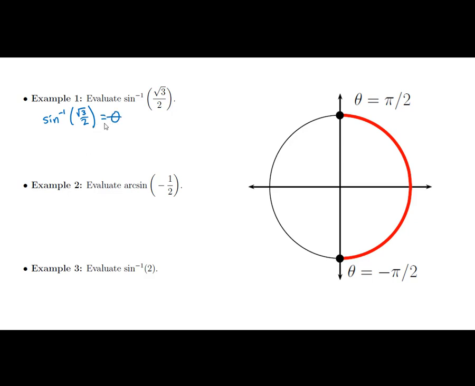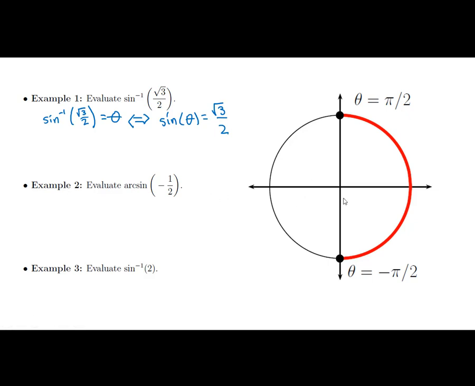So it wants to know what angle has a y value on the unit circle of square root of 3 over 2. And if it makes you more comfortable, feel free to re-express this. By our definition of the inverse, this means that the sine of theta, of this angle that I'm looking for, equals the square root of 3 over 2.